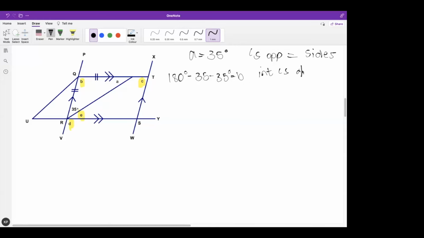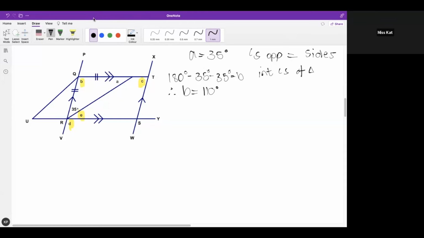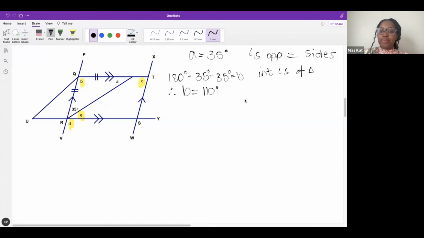So what's the number for B? 180 minus 70. 110. There we go. Thank you very much. Okay, Andiswa has solved A and B for us. So let me unhighlight B because that has been sorted out.